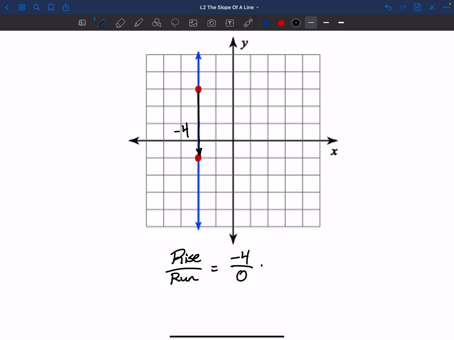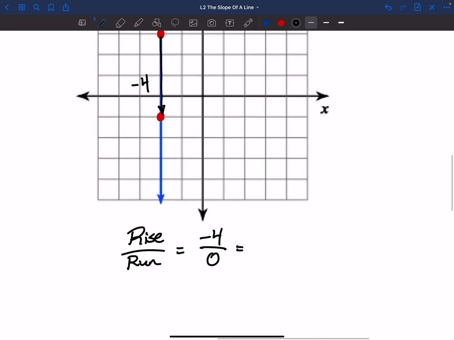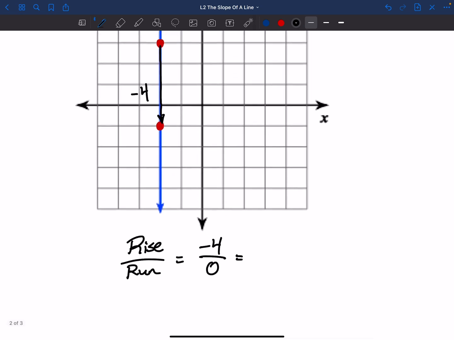And then we've got a problem. In math, you cannot divide by 0. That's just one of those things that does not work. There's no way to do it. It's like saying, if I had a basket of 5 cookies and I wanted to split them evenly into 0 piles, that doesn't make sense. You'd be obliterating the cookies.